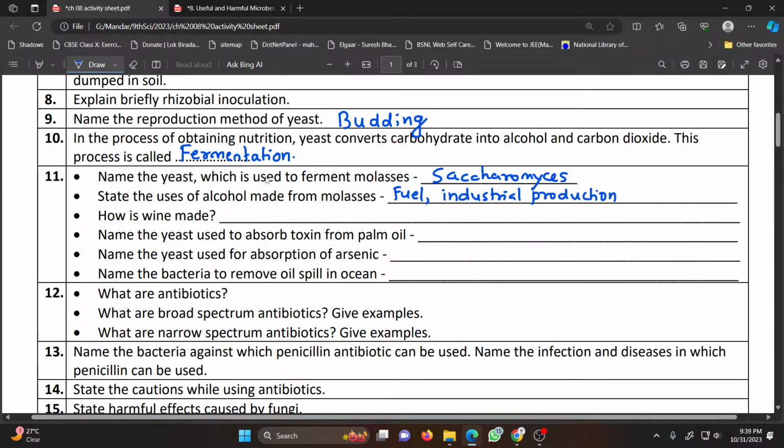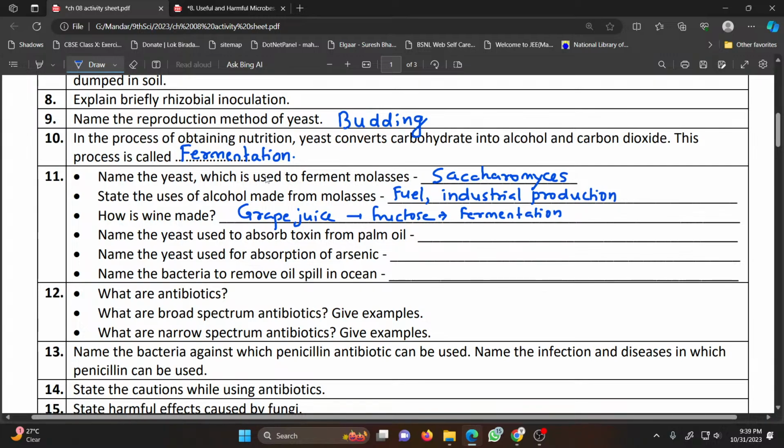How is wine made? Wine is made by fermentation of fructose present in grape juice. Name the yeast used to absorb toxin from the palm oil.